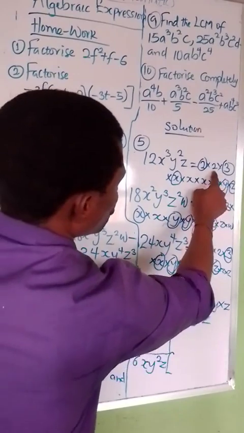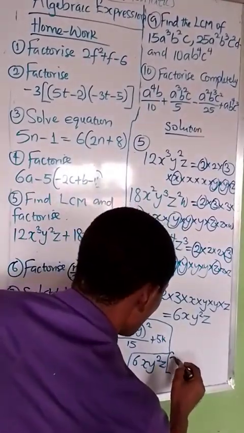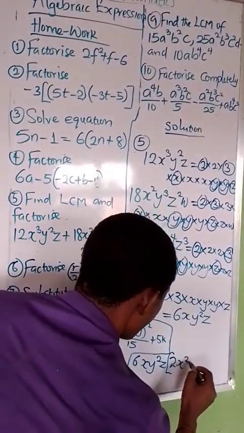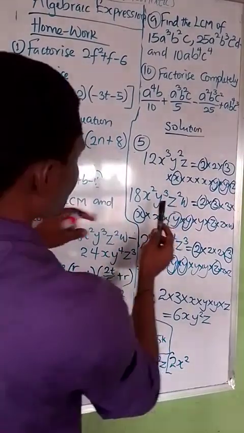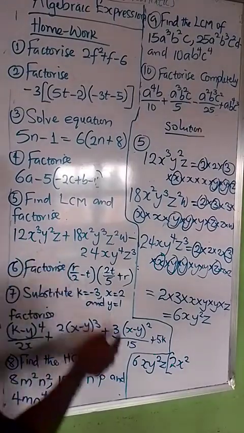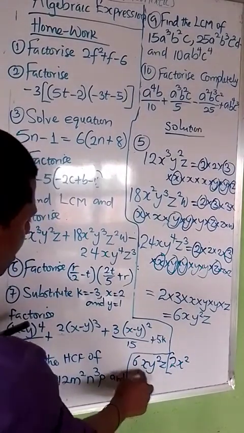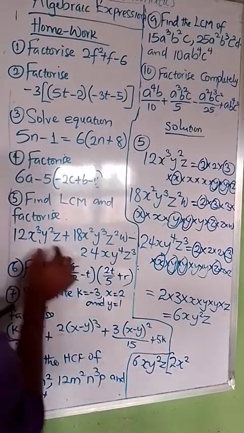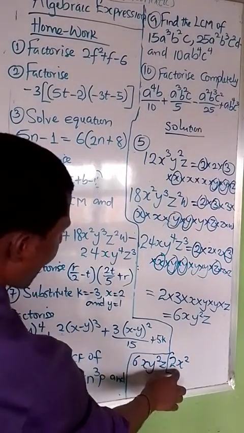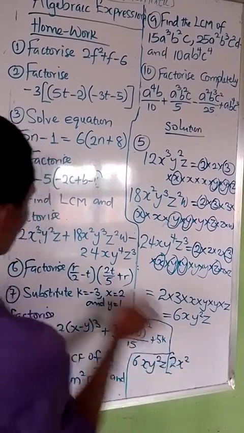So we have 2 times x times x, that's 2x squared remaining. Then you go to the next one. After we find the LCM, which is 6xy squared z, what is left is 2x squared.